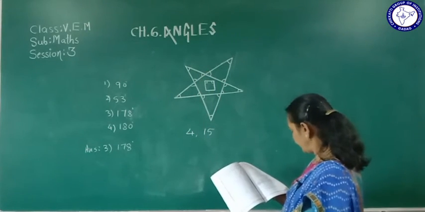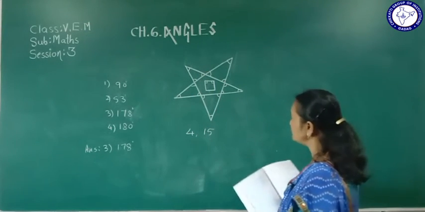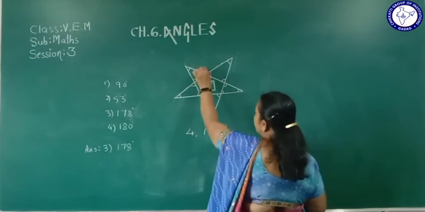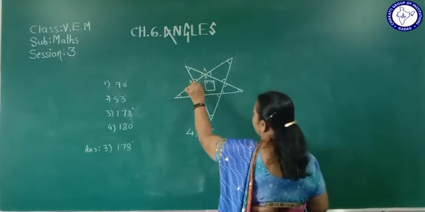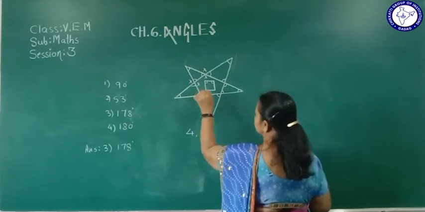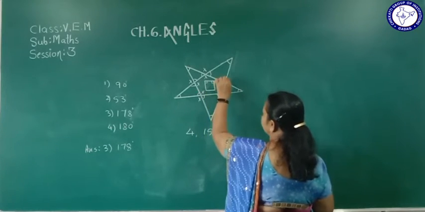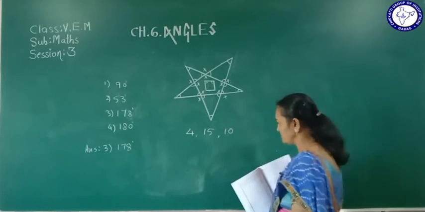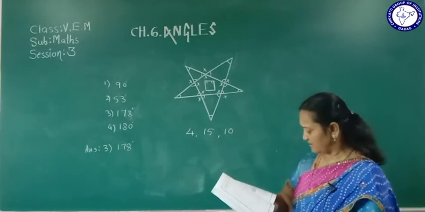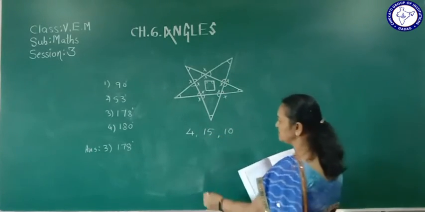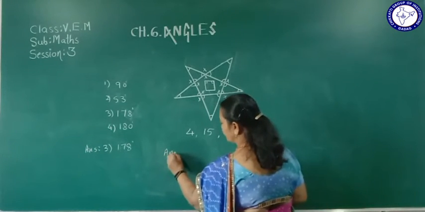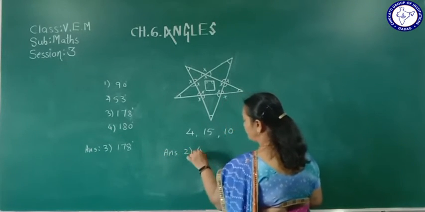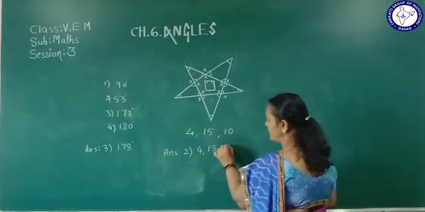Then we have to find obtuse angles. So this is 1, 2, 3, 4, 5, 6, 7, 8, 9, 10. 10 are the obtuse angles. So these numbers which you find, they are the second answer. So the answer is the second one: 4, 15 and 10.